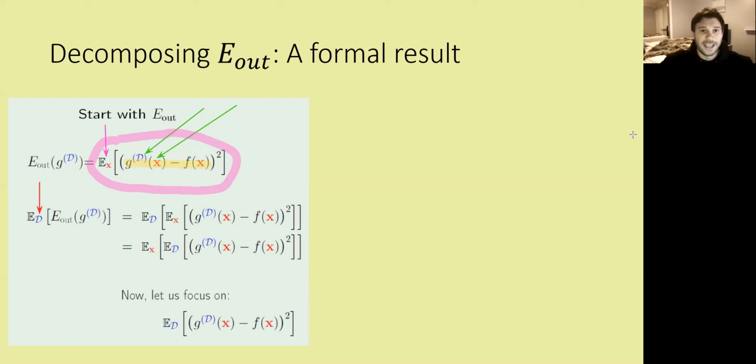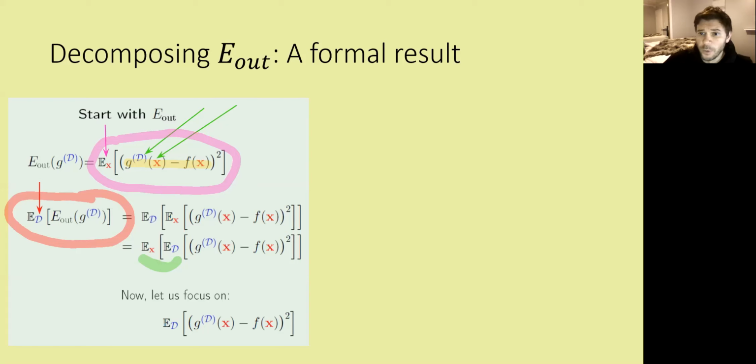So for this expectation in the second line, we're now going to take the average out-of-sample error, but we're going to think about this average across all of the possible samples of data that we could have generated. There's a little bit of math involved here. We're going to utilize something called the law of iterated expectations, and the linearity of expectations allows us to change the order of expectations here.